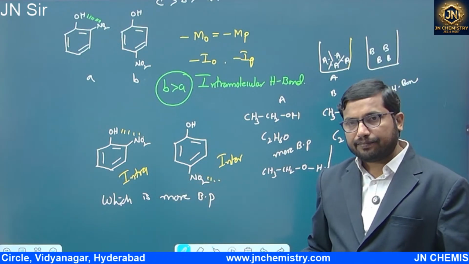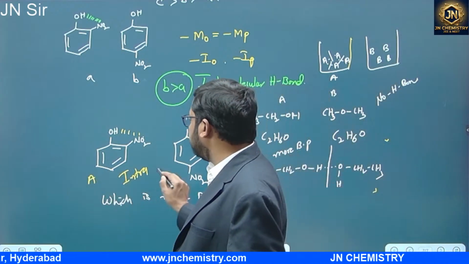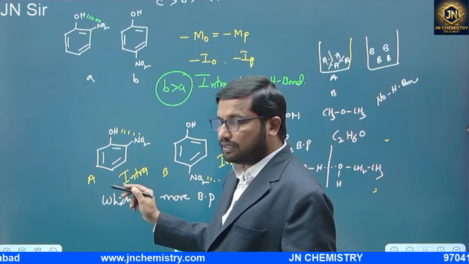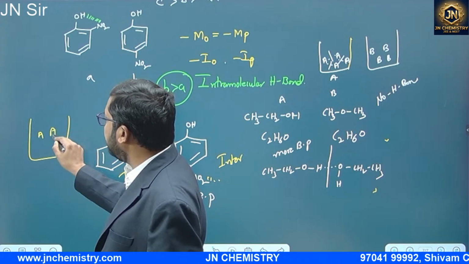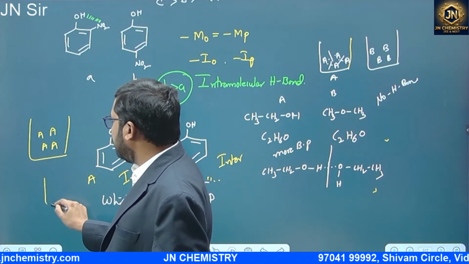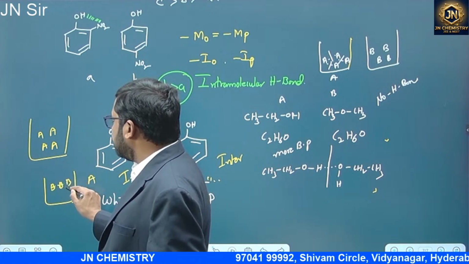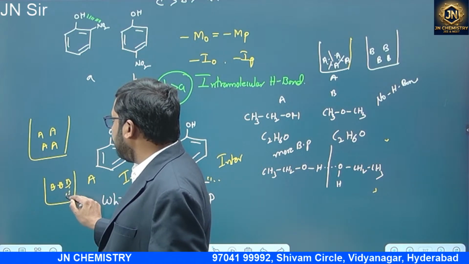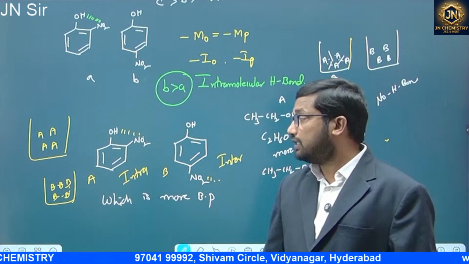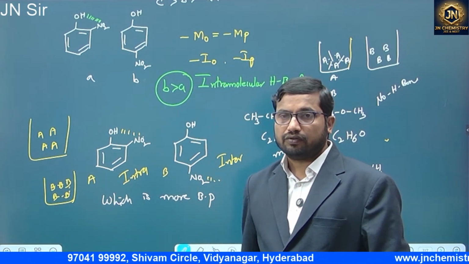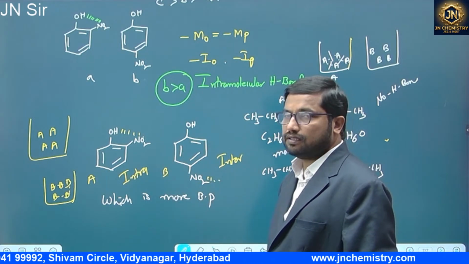Imagine this is A, this is B. In A, the molecule forms the bond within itself and not with others. In B, it is intermolecular hydrogen bonding. In A, intramolecular hydrogen bonding. So which has the higher boiling point?